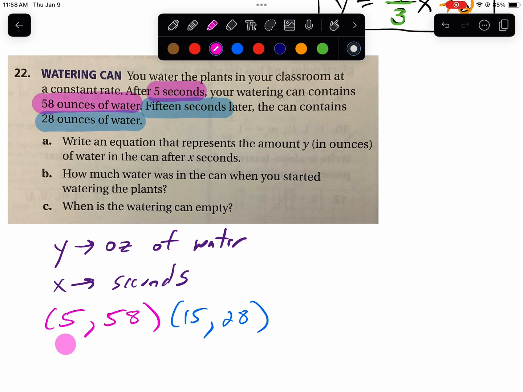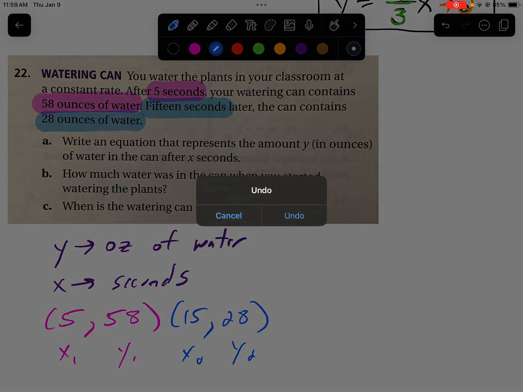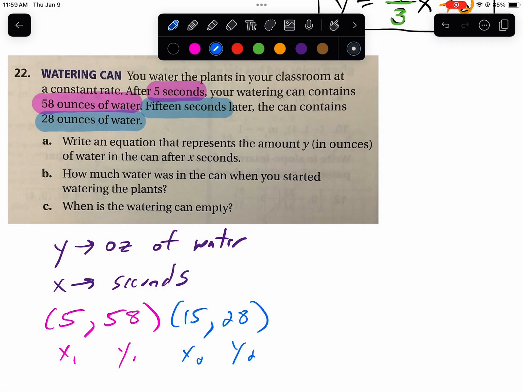With 2 points, we can find that slope, x1, y1, x2, y2. That's going to put us into point slope form. So we need our slope. Sorry about that. So we want to find point slope form.